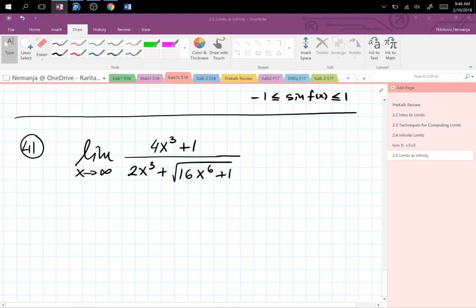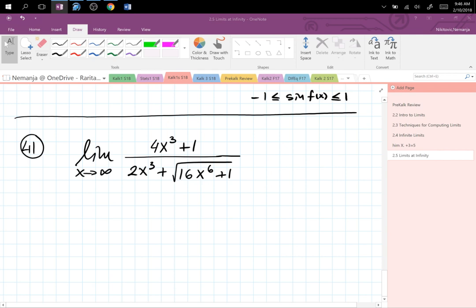Yes? Is the first step to divide everything by x? Not x, why x to the 6th? Just like the highest. You can reduce it.